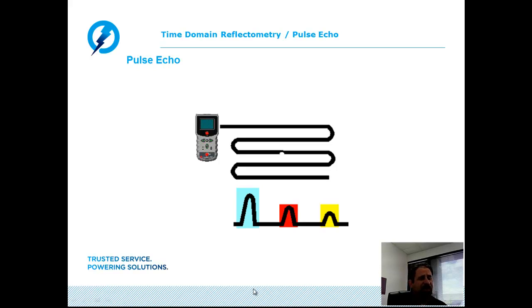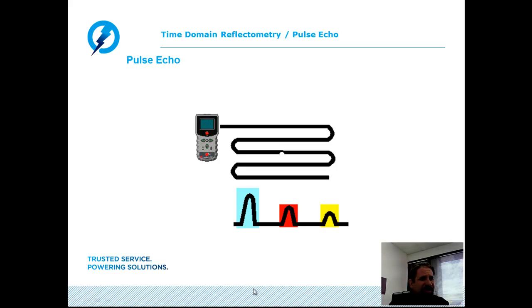Okay, the next technique that we're going to talk about is the pulse echo technique of the time domain reflectometry series. The technique of pulse echo transmits low voltage pulses of short time duration into a cable. The elapsed time of a transmitted pulse traveling the entire length of a cable, and the pulse reflections produced by deviations from the harmonious structure of the cable, are shown on a screen.